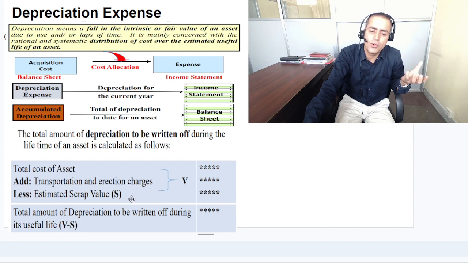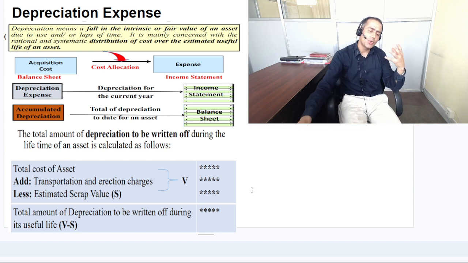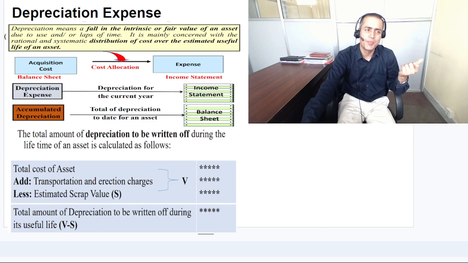This is a cash inflow for the company. V minus S is known as the total amount of depreciation to be written off. When using the straight line approach, we simply divide the total depreciation to be written off during the useful life, that is V minus S, by N.